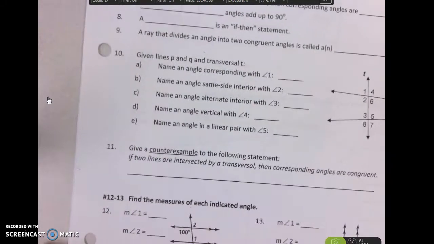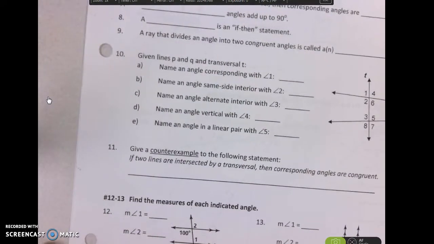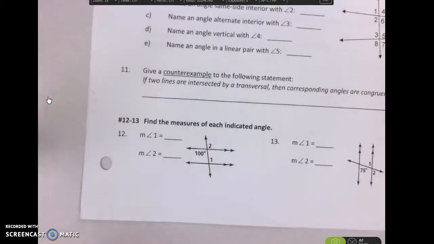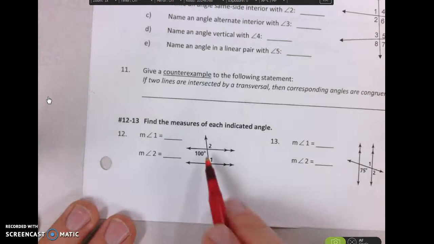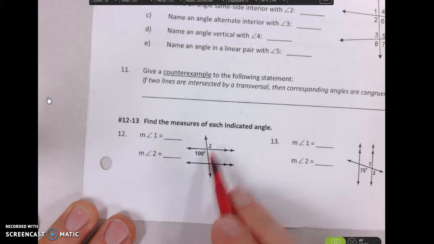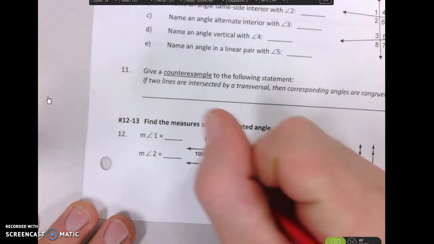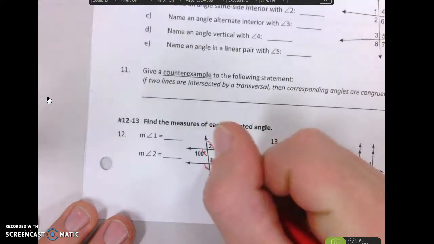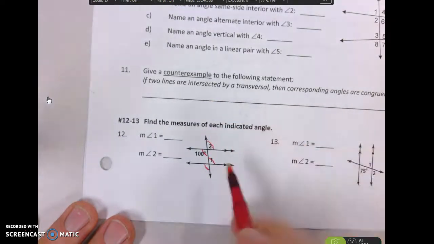We'll do number 12. First it asks the measure of angle 1. For this one I would use the Mr. Rick trick: here's my obtuse angle. This is obtuse. I know these are equal. So I know my two obtuse angles down here are equal.